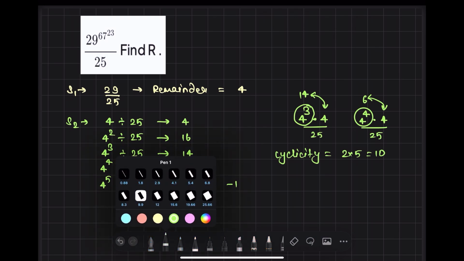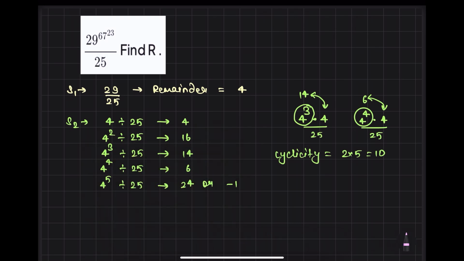Now till this time we were playing with the base, that is 29. Now it's time to break down the power, so we will divide 67 power 23 by the cyclicity. You have to keep on breaking things down. So can I write 67 as 60 plus 7 power 23, correct?